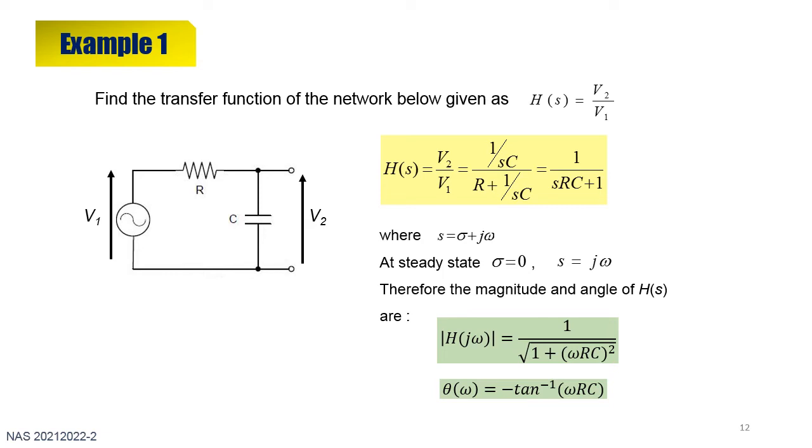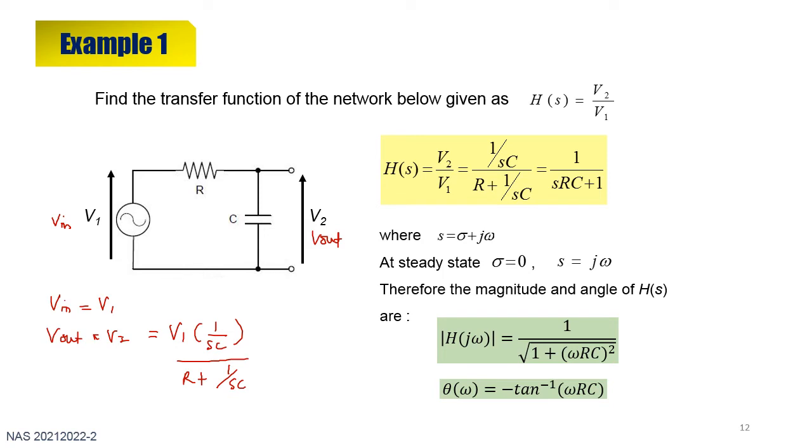In this case, we assume that V1 is the Vin, the input, while V2 is the Vout. So V2 we can get from a voltage divider: V2 equals V1 multiplied by 1 over SC, divided by the total impedance R plus 1 over SC.